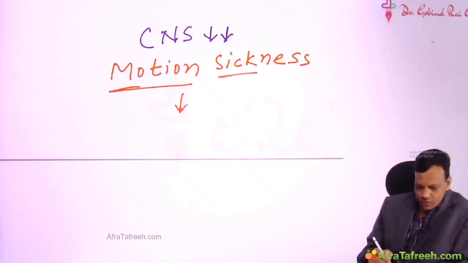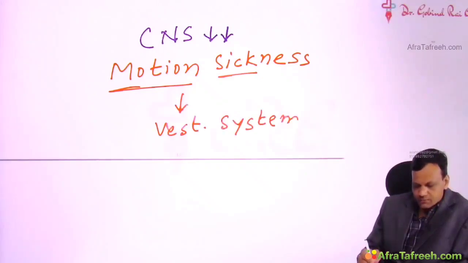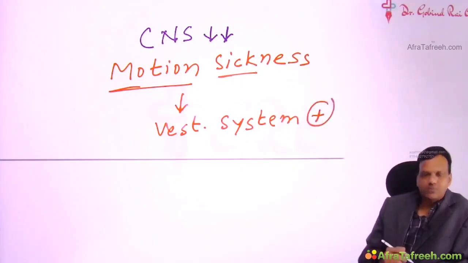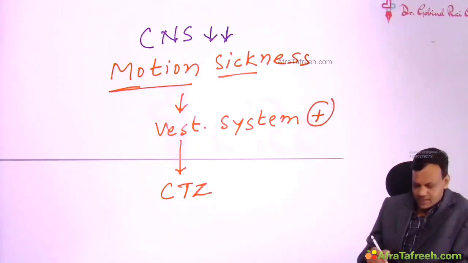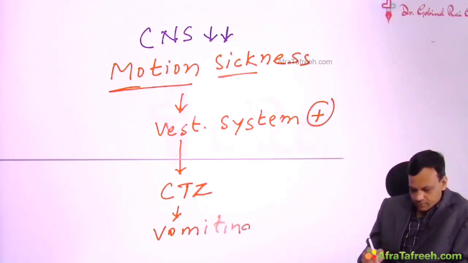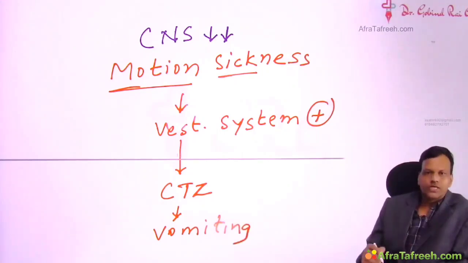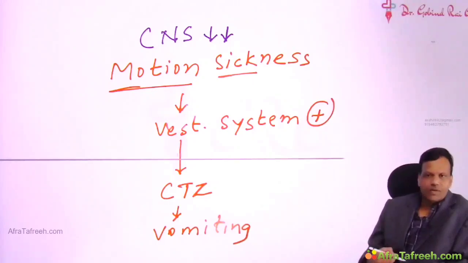Due to motion, the vestibular system is stimulated, and it passes the information to the CTZ. When the CTZ is stimulated, it will lead to vomiting. So motion is sensed by the vestibular system. When the vestibular system is stimulated, it passes the information to the vomiting center, which will lead to vomiting.